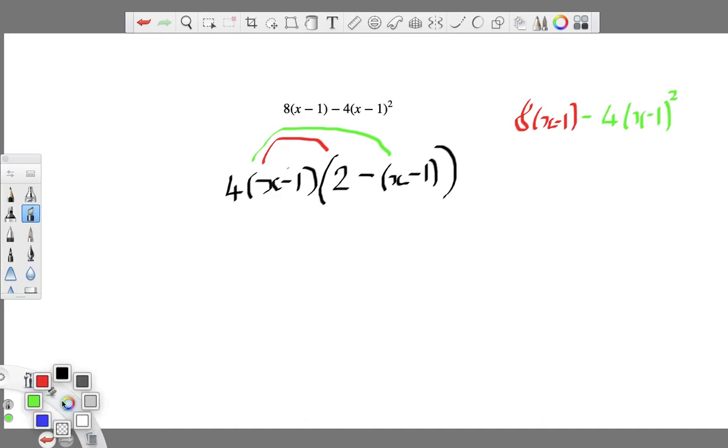So what have we got to do then? Well, we've got to simplify the big bracket like we have been doing. So we've got 4, and then we've got x minus 1. Okay, so this big bracket we need to be very careful with now. So we've got 2, and then we've got minus here. So it's almost, obviously in maths we don't write it, but there is sort of a little minus 1 there.